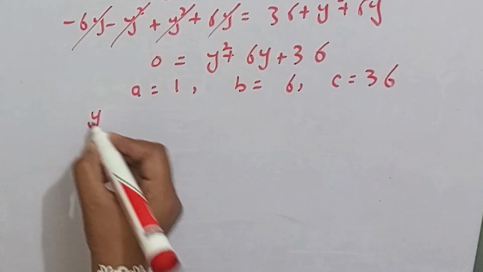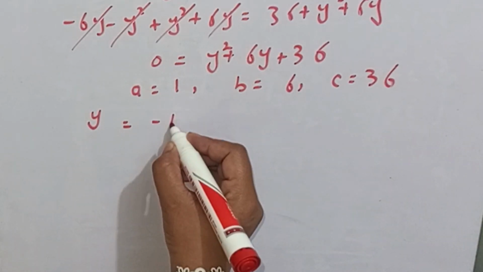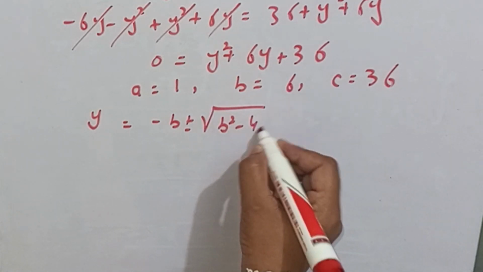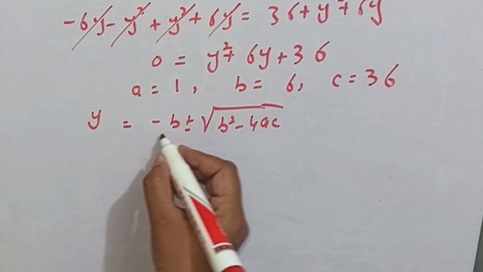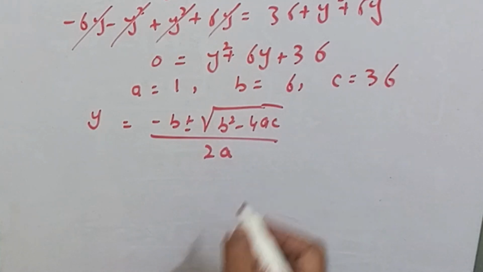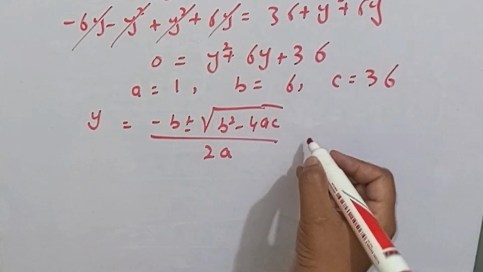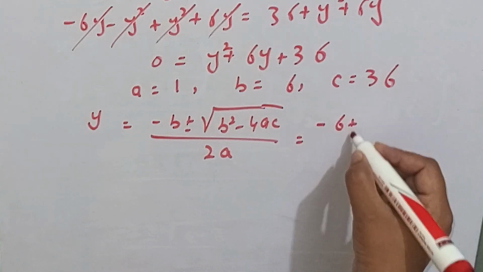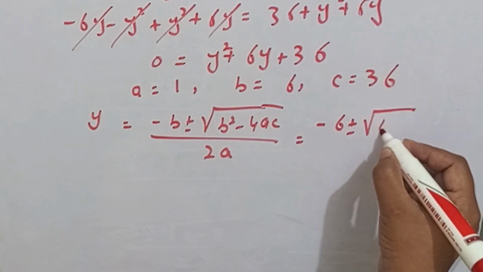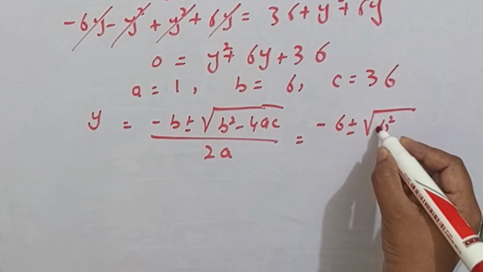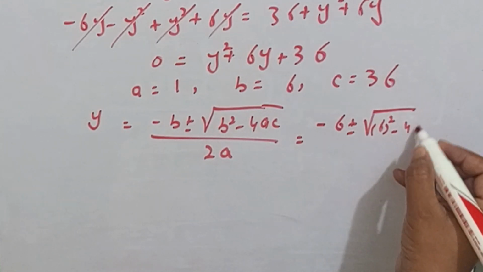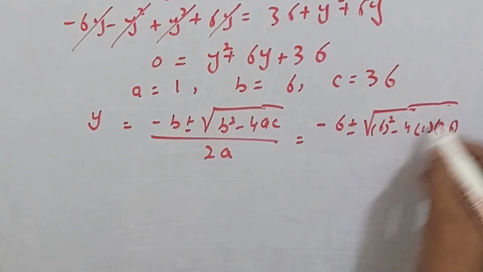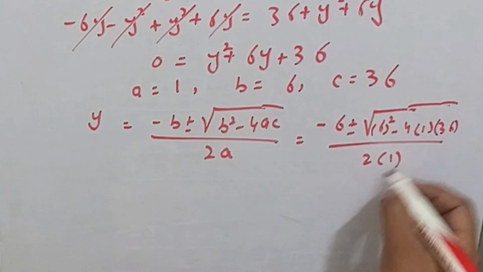We have y equal to negative b plus or minus square root of b square minus 4ac, over 2a. So negative b is negative 6, plus or minus square root of 6 square, minus 4 times a which is 1, and c which is 36, over 2 times a, which is 1.